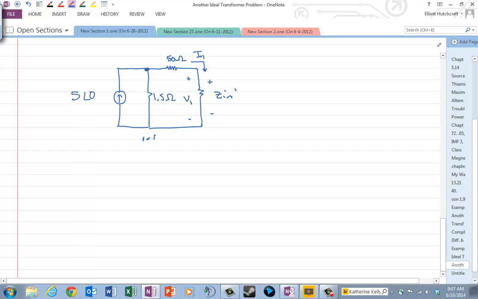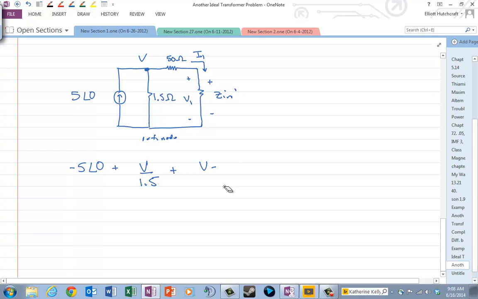We can do a nice simple nodal analysis. Call this our reference node, call this node V. We can say minus 5 angle 0 plus V over 1.5 plus V minus V1.